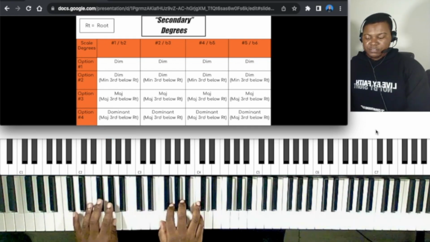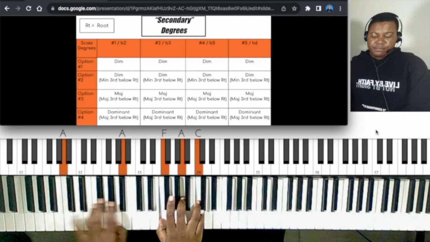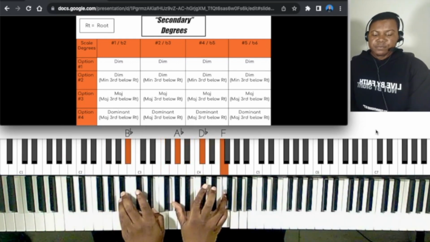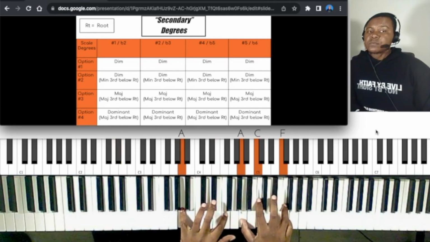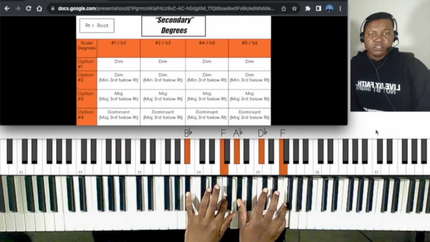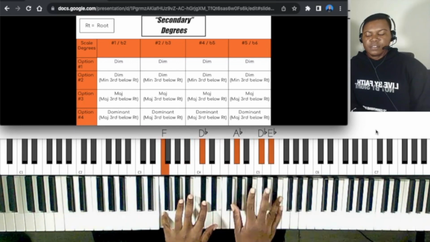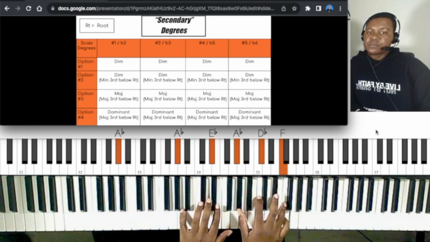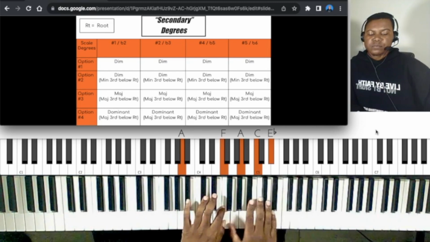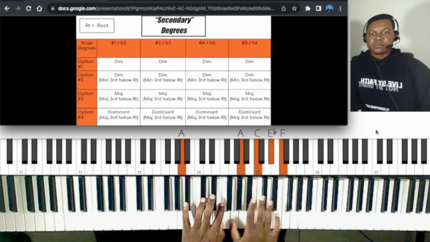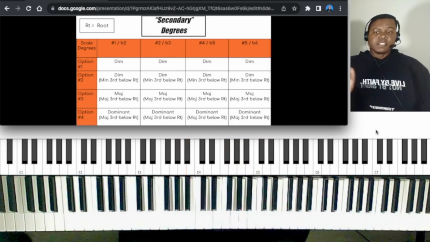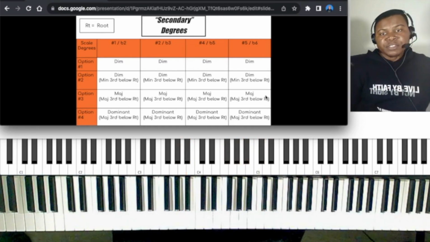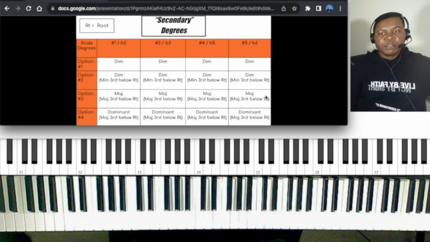Play an F major over A. That's a totally different sound than this. Different sounds, sometimes just one note, sometimes two notes, but you want to know.